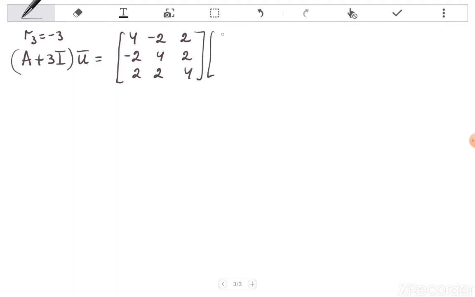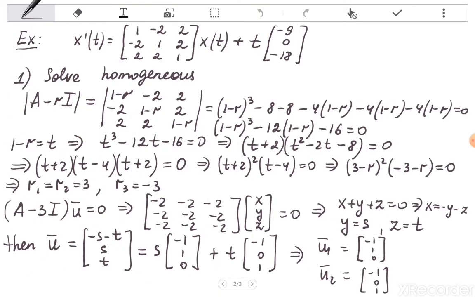And this applied to, let's say, some x, y, z again, must be 0. Let's just check the matrix.